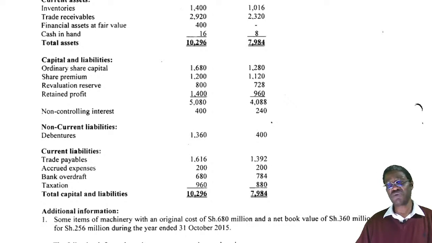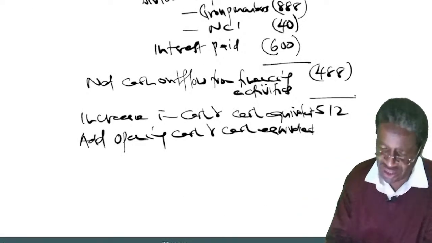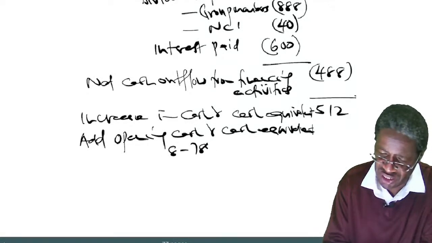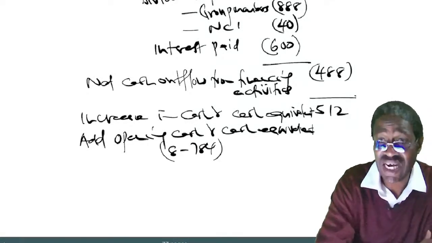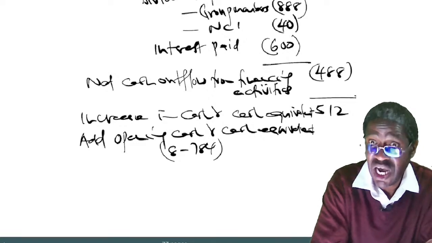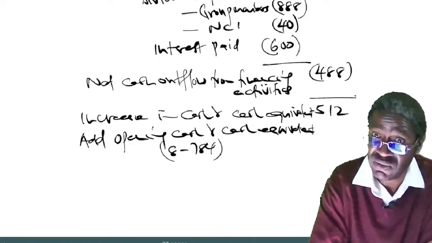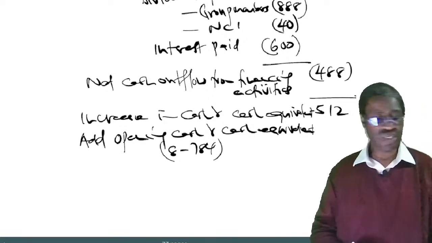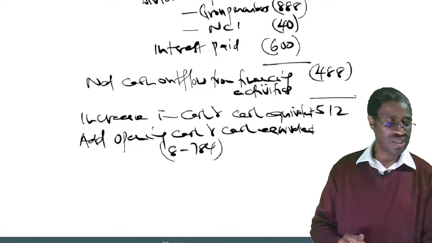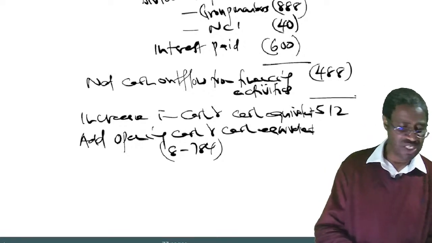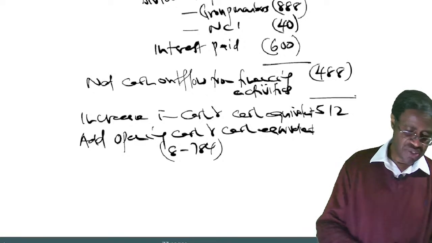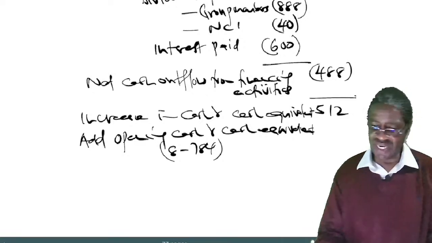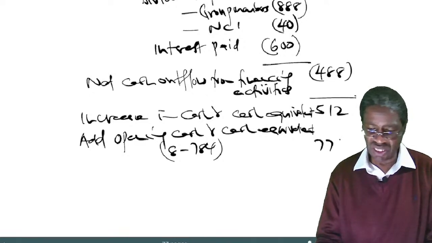So I bring down the opening. Our cash is 8 million, our overdraft is a negative 784. 8 minus 784 gives me a negative 776.